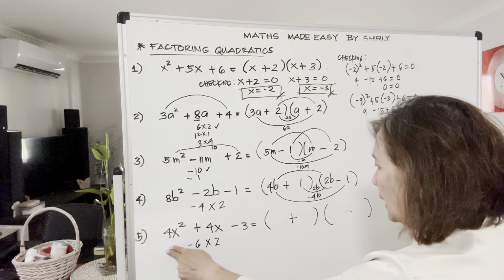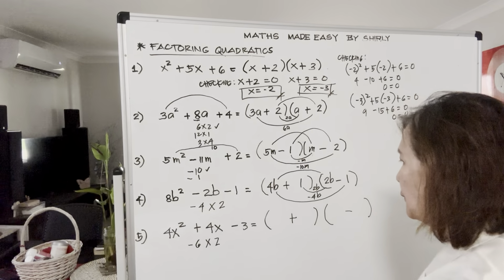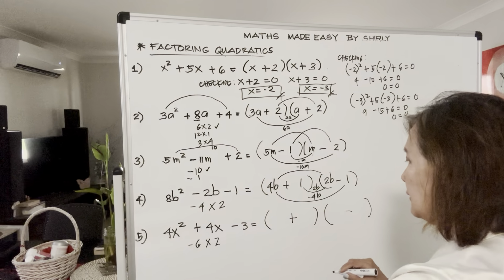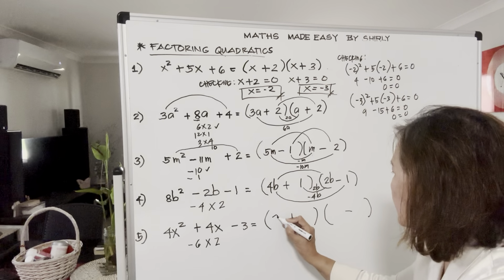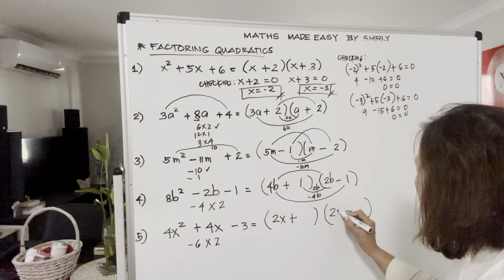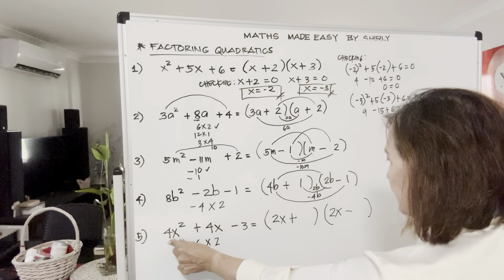Okay, so how will you do that here? So factoring 4x squared, that will give you 2x and 2x for the factors of 4x squared.